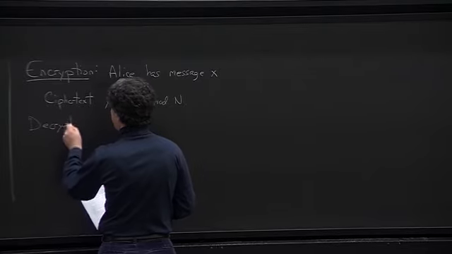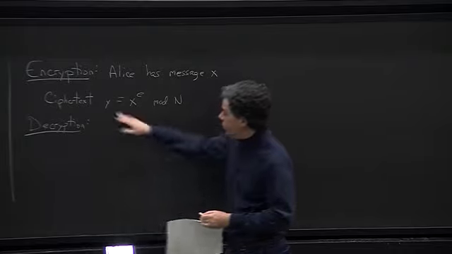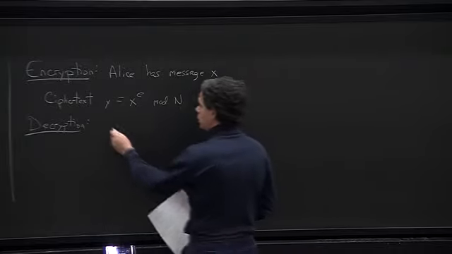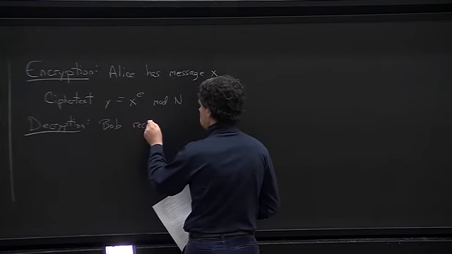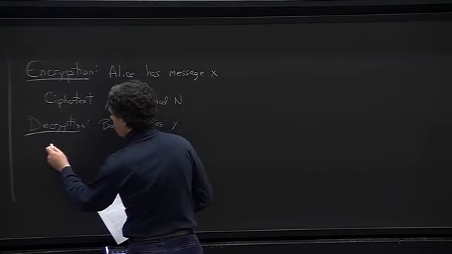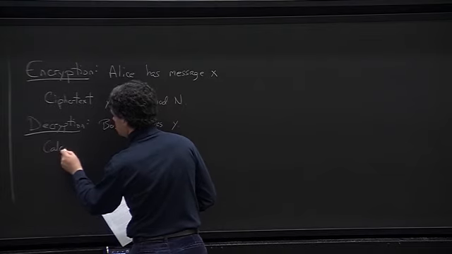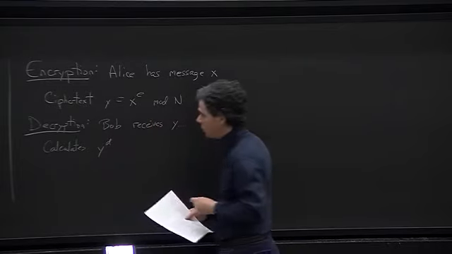For decryption, Bob receives some ciphertext Y, and then he calculates Y to the D mod n.